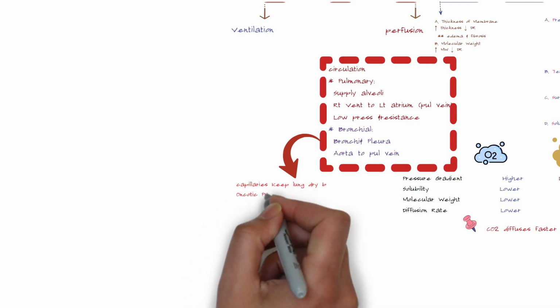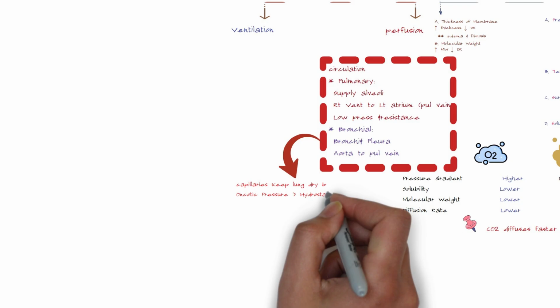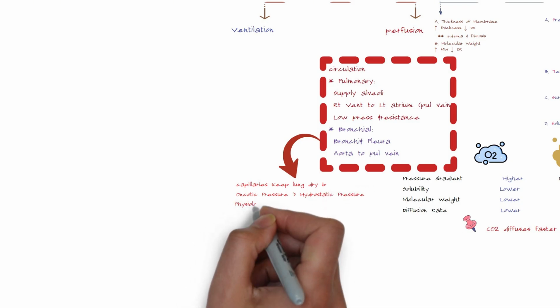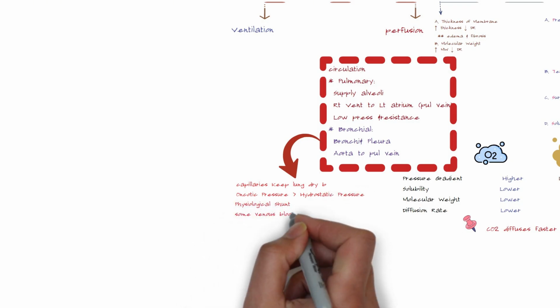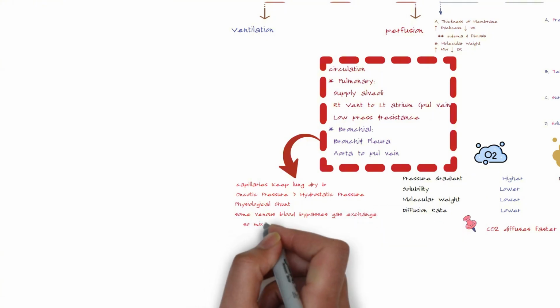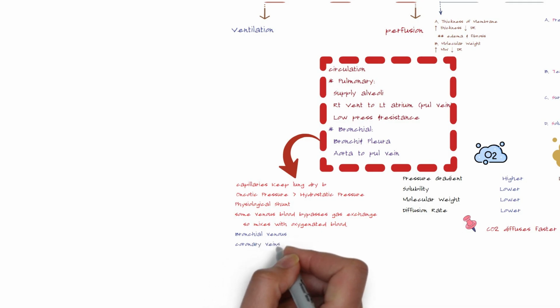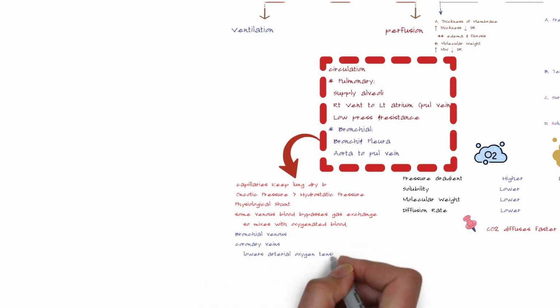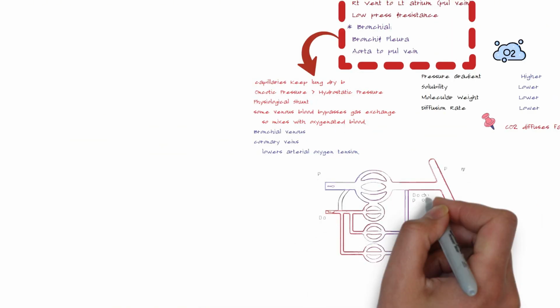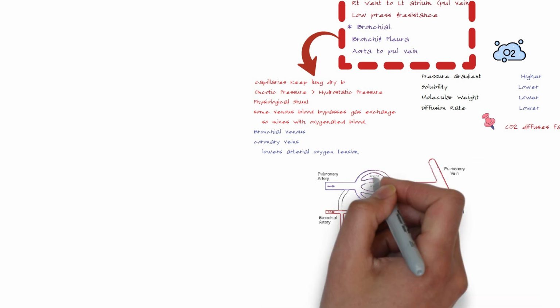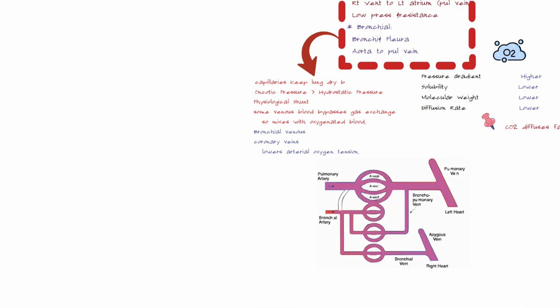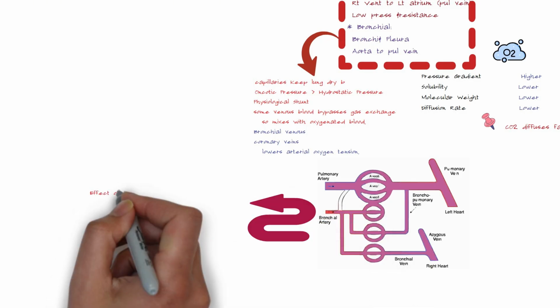The bronchial circulation is responsible for the physiological shunt because the bronchial vein, which carries deoxygenated blood, drains into the pulmonary vein, which carries the oxygenated blood. So this allows a small amount of venous blood to mix with oxygenated blood, lowering the level of the oxygen a little bit.